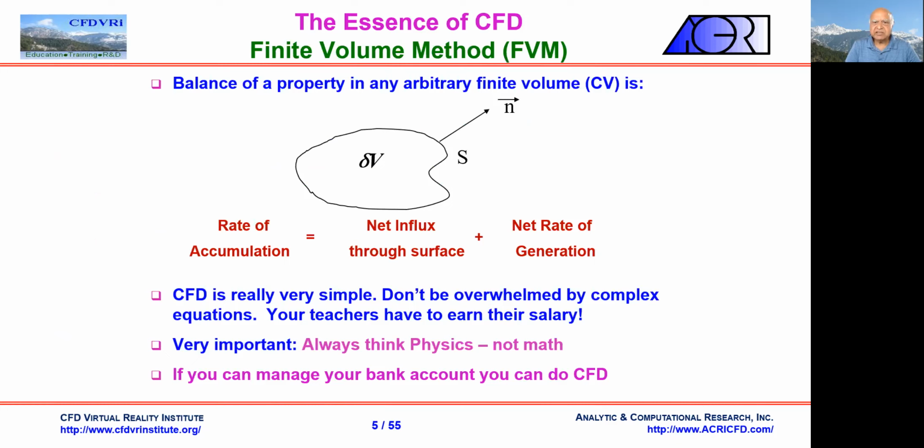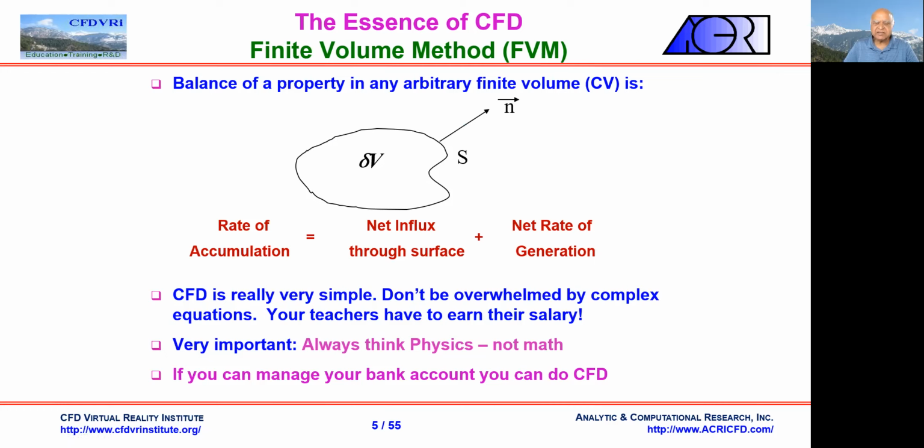So what is CFD? Here is the essence of CFD. I'm going to discuss the finite volume method. If we take any arbitrary control volume, delta V, which is bounded by a surface, and the surface normal is defined by the vector n here.